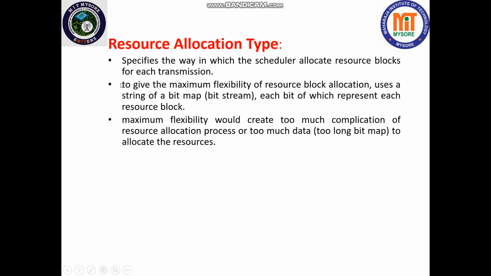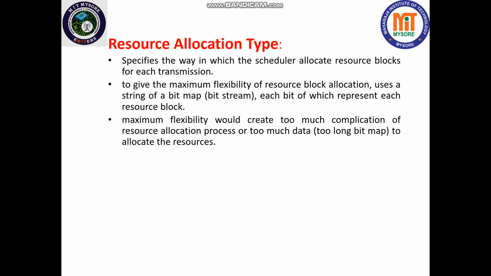To give the maximum flexibility of resource block allocation, one uses a string of bitmap or bit stream, each bit of which represents each resource block. Maximum flexibility would create too much complication in the resource allocation process, or too much data to allocate the resources. So maximum flexibility is not considered. With somewhat less flexibility, we allocate the resources.